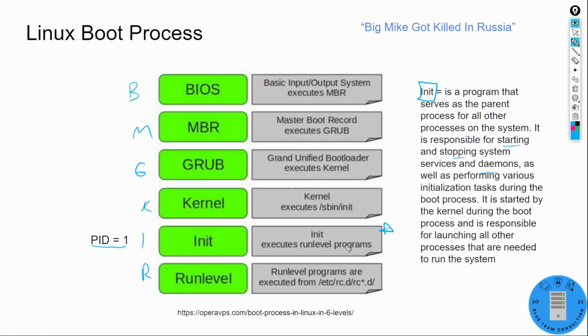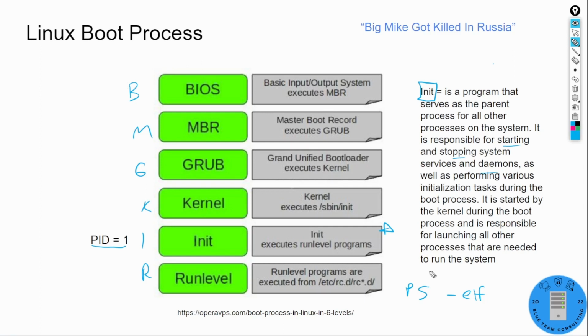If you ever do a ps -elf on your Linux shell, it's going to be at the top. The PID of 1 is reserved for init, and then you'll see a lot of parent process IDs referred to as 1 if something was started by init.